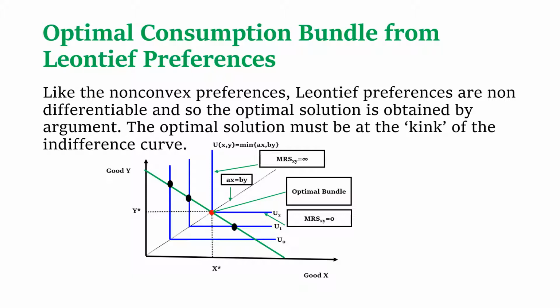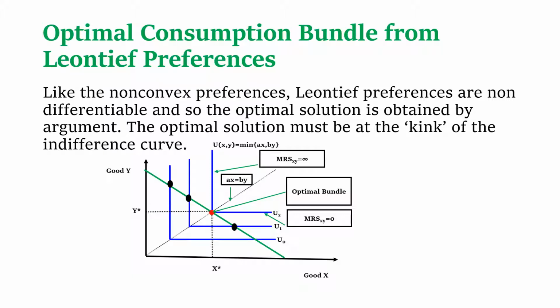If the consumer has more of one good, he is not better off having less of the other. So he is better off if he has the same amount of the 2 goods.